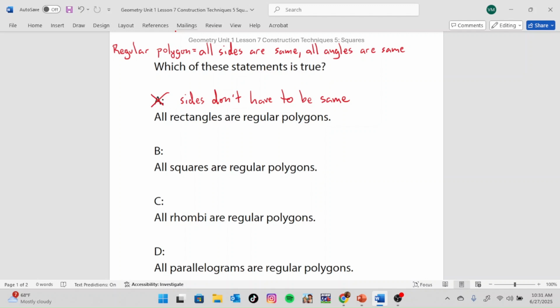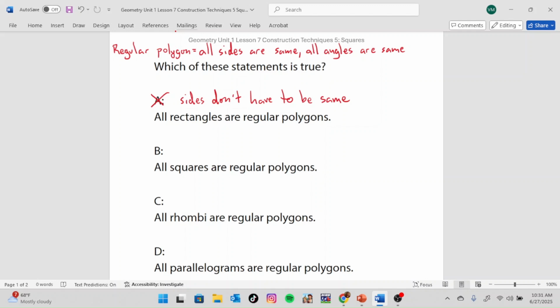Let's look at C. We have rhombi. A rhombus is a shape that has 4 sides the same and the opposite angles are the same. But not all of the angles have to be the same.